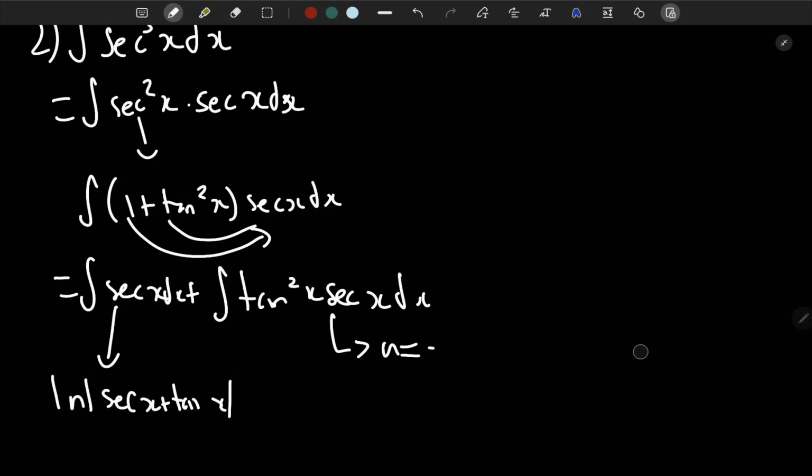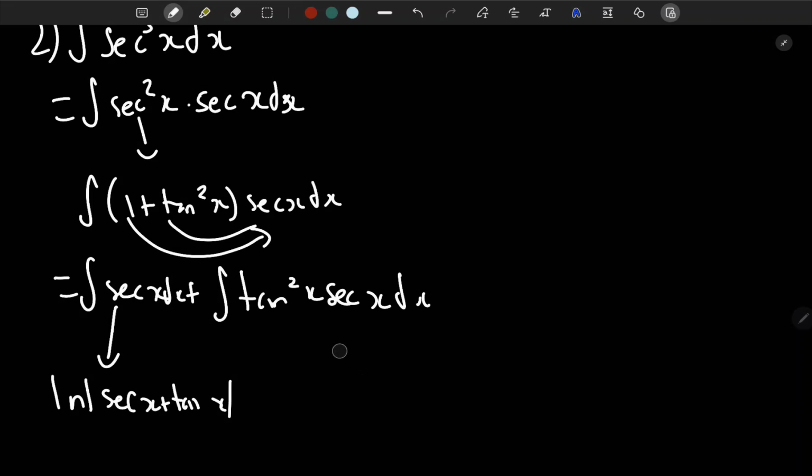If we choose u to be secant x, we will have du as secant tan x, and this also won't work out since there will be an extra tan in the integral. So what do we do then?